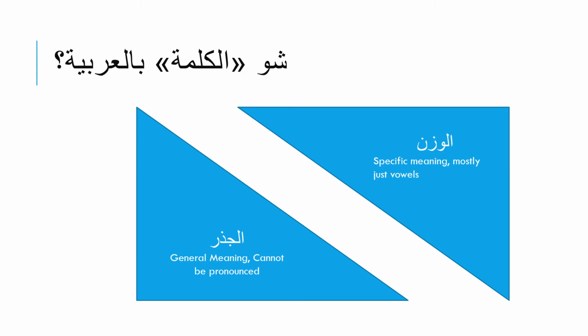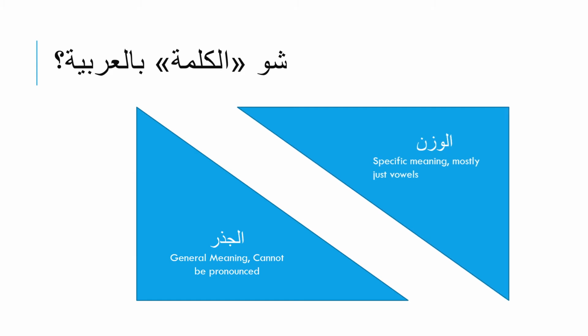So what really is a word in Arabic? Every single word in Arabic can be distilled down to its wazn, which is the specific meaning that's mostly just vowels, combined with al-jadr, which is the general meaning, but it can't be pronounced because it doesn't have vowels, because it's just a bunch of consonants that are stuck together that float in space unconnected to one another.